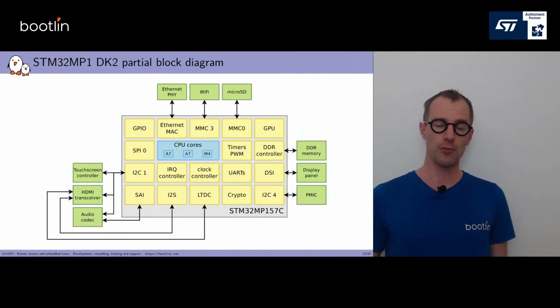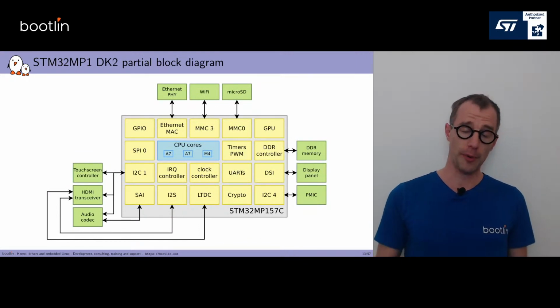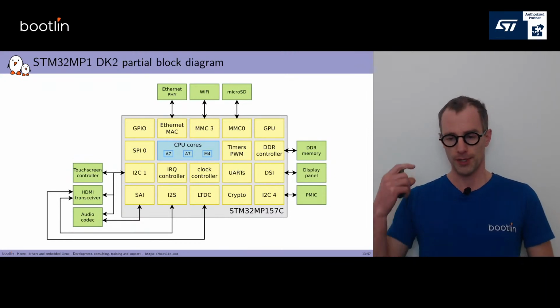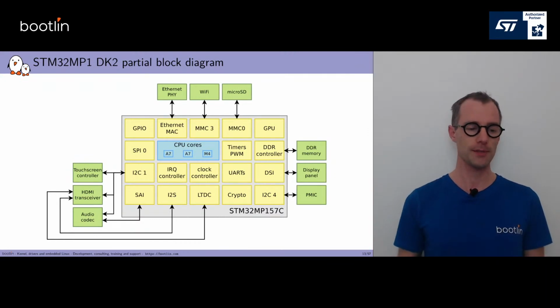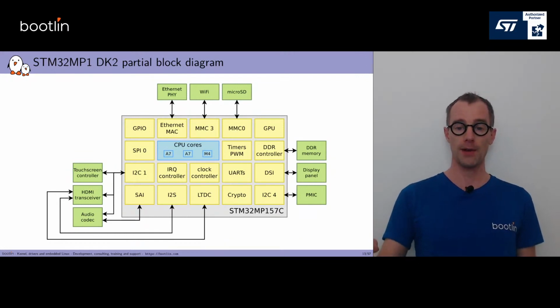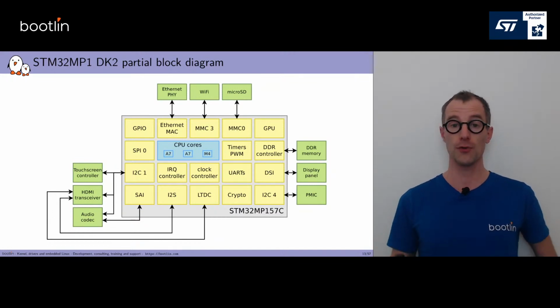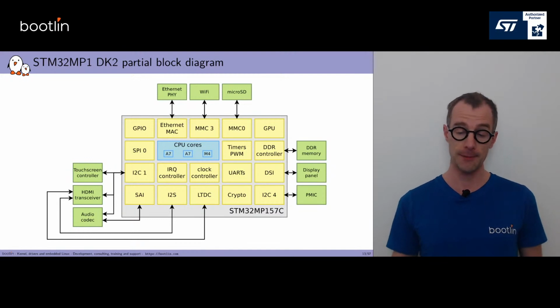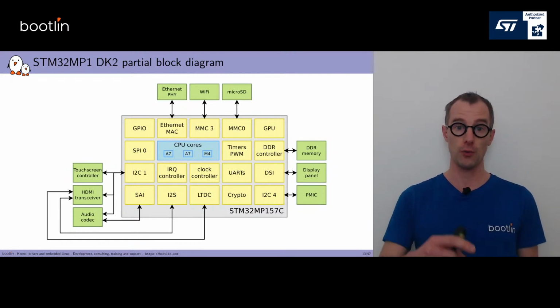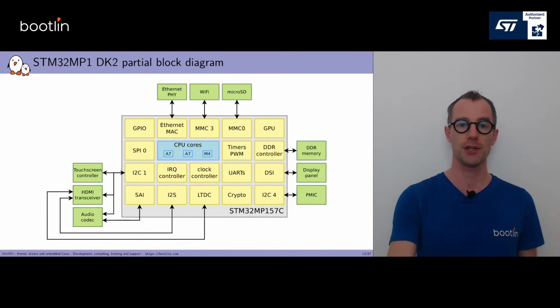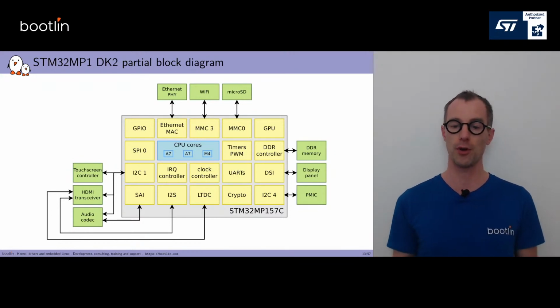So if we put that on a block diagram, of course, a partial block diagram, it definitely doesn't show all of the features, but I think it's important to keep in mind this view of block diagrams, as it is important to understand the concept of device tree. We have at the center of the picture the system on chip itself, the STM32MP157C, which includes a number of hardware blocks: GPIO controllers, Ethernet MACs, MMC controllers, I2C controllers, and many other hardware blocks, all around the CPU cores, of course.